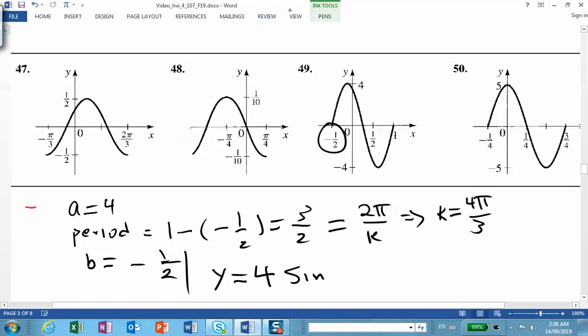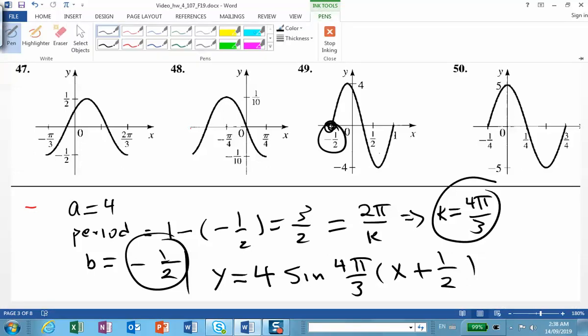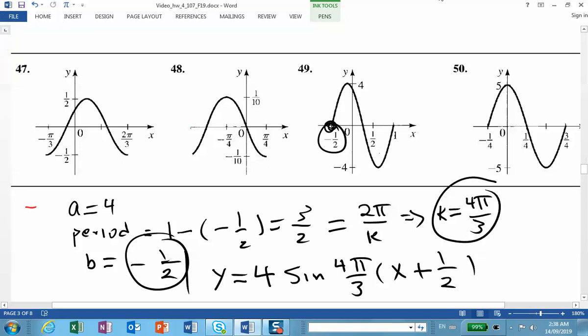Okay. 4 pi over 3, remember this, okay, times x minus minus 1/2, or that's plus 1/2. How about that? Notice that when x is minus 1/2, you get sine of 0, which is exactly this point. Sine of 0 is 0. Last problem from this segment.